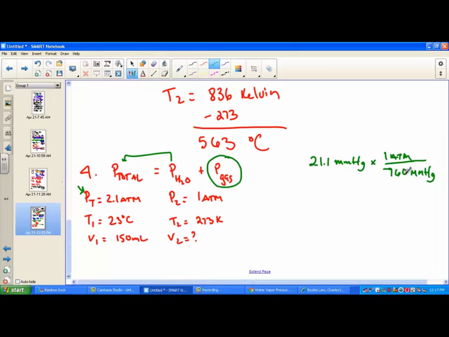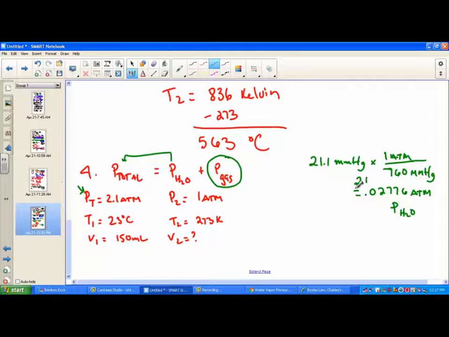So I'm going to choose to convert from my chart 21.1 divided by 760, which gives me a value of 0.02776 atmospheres. And now that's the partial pressure of water. It's in a like unit now to the total pressure that was given.